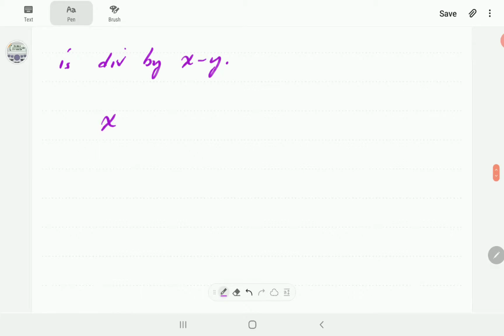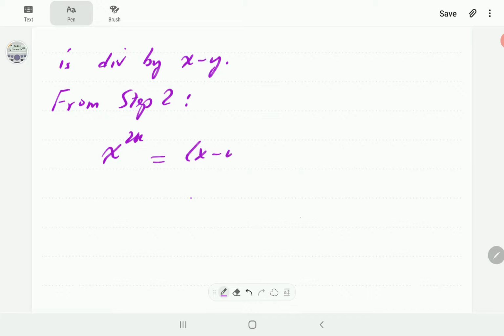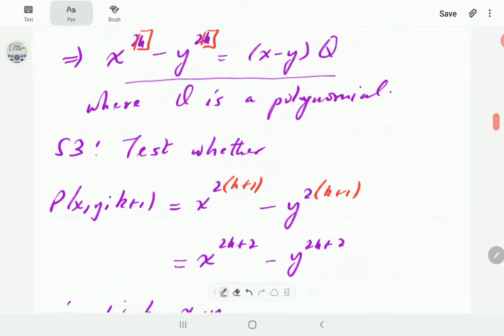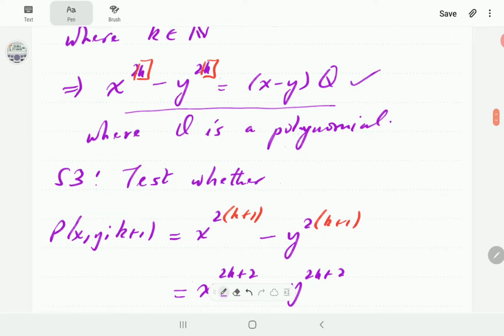So let's say from step 2, we have x to the power 2k is going to be equal to x minus y times q plus y to the power 2k there.